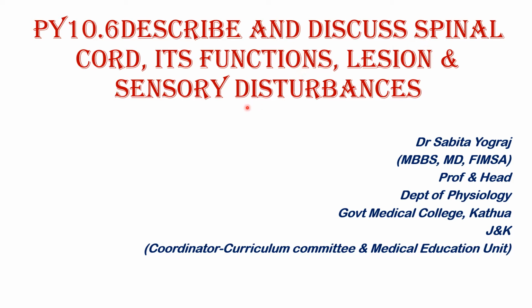We have discussed many sensory disturbances also, but today I'll be focusing mainly on the lesions, like injuries to the spinal cord, mainly the transections, with some reference to some of the lesions and a recall of the sensory lesions.